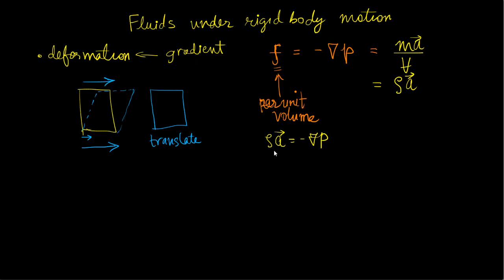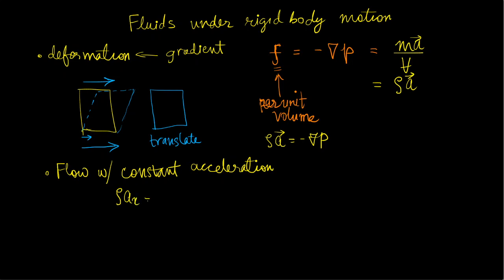Now let us consider a flow with a constant acceleration. So this would imply rho Ax is equal to minus del P del x. I'm just expanding this particular equation.